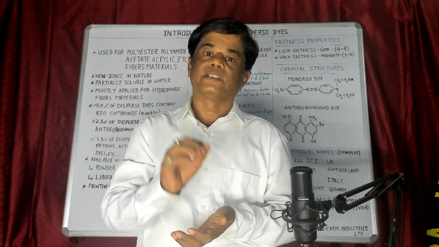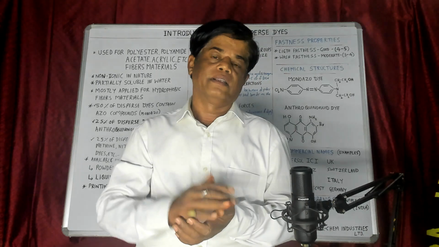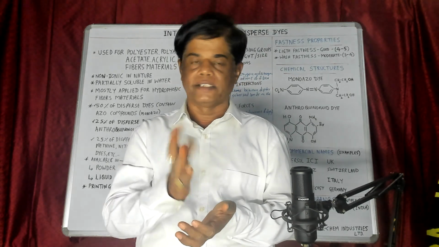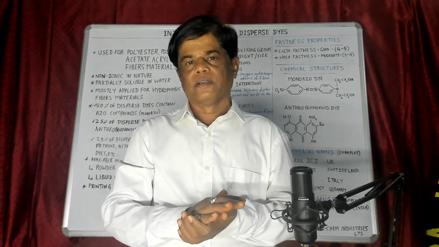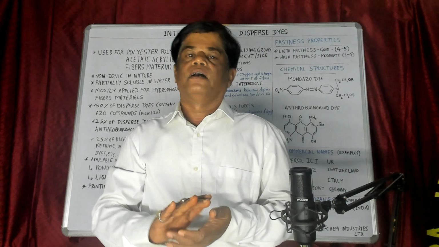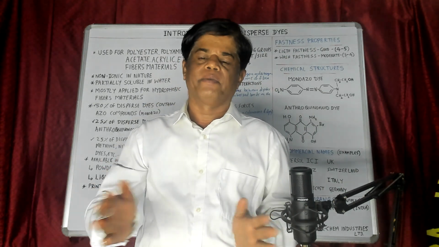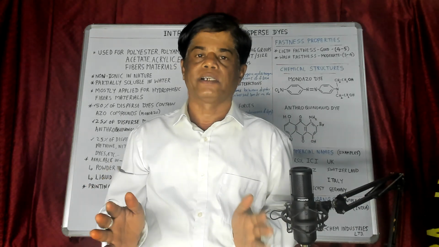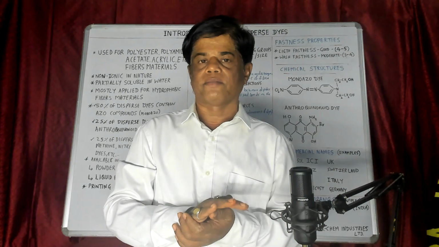For silk or wool fiber materials, there is a different class of dyes, acid dyes, for example. So like that, for different natural fibers, man-made fibers, regenerated fibers, based on the chemical substance present in the fiber, the dyes are discovered and identified.